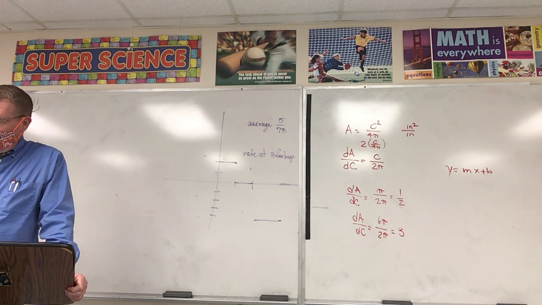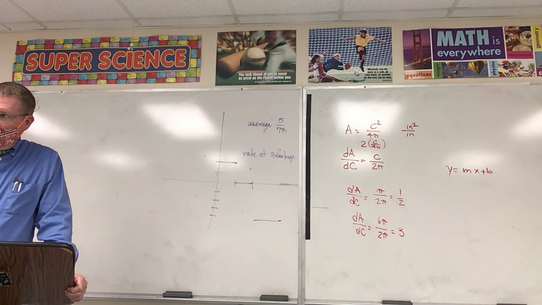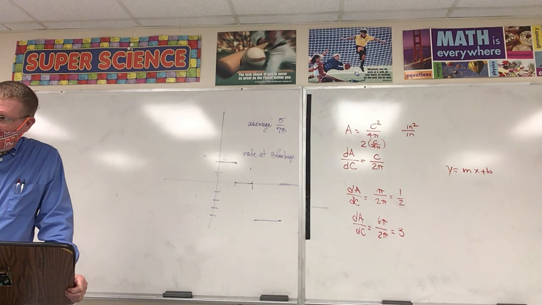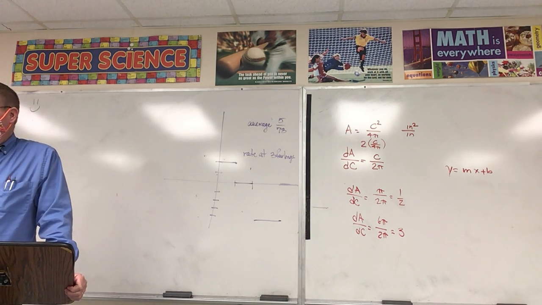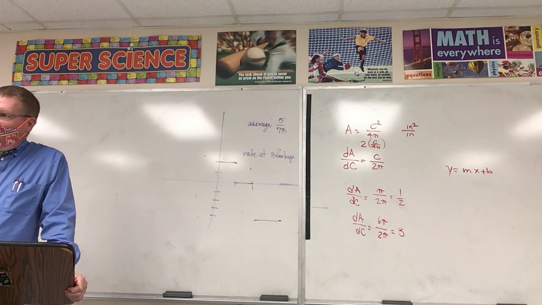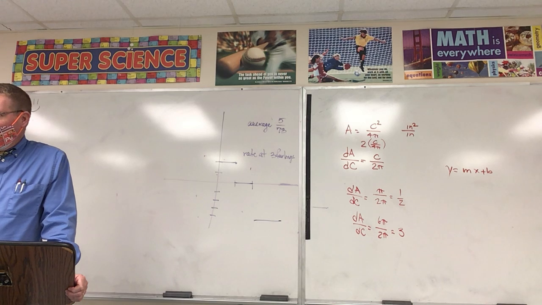Marker 1, marker 2, marker 3, marker 4, marker 5. They started at 0, and I hit furlong marker 5. How many furlongs was that? 5. Alright, how long did it take me to pass those 5 furlongs?